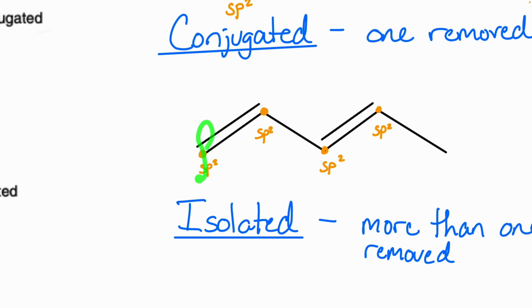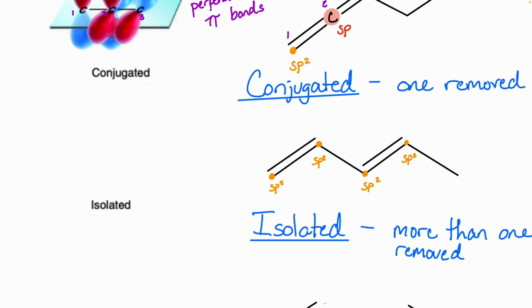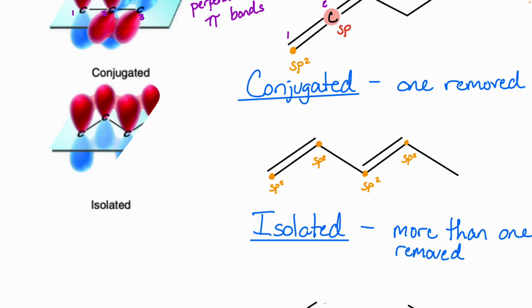And remember, each one of them has that peanut-shaped p orbital sticking out above and below the plane. And so what happens is these p orbitals are all going to line themselves up perfectly. Each one has that peanut-shaped p orbital sticking out above and below, and these atoms are going to line up such that all of those p orbitals are now parallel to one another.